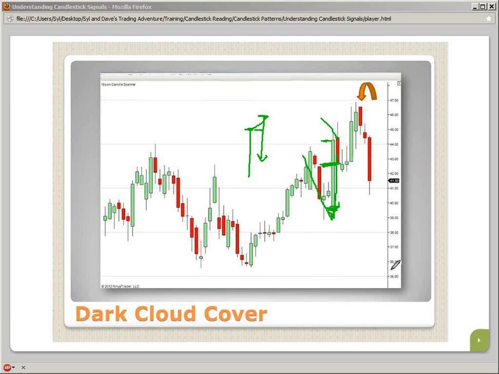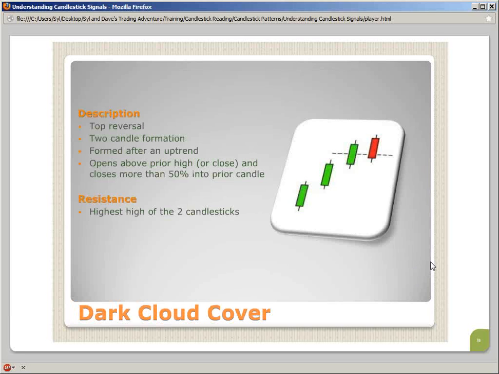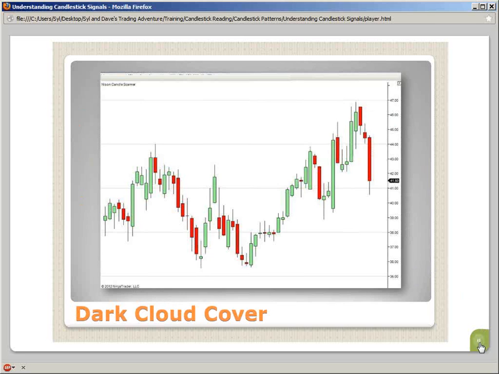It did not close halfway, right? It gapped higher, but did not close halfway into that candle. So that is not. Neither did the one on the far left. It did not close beyond the halfway point either. This one did. Okay, good. So there it is.